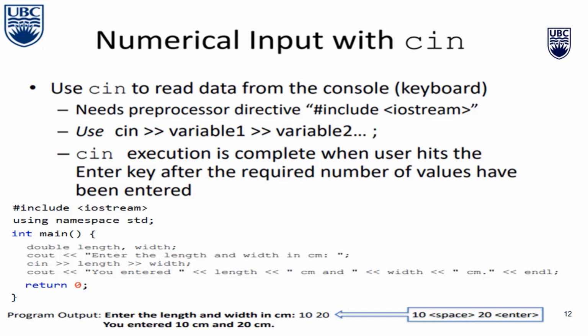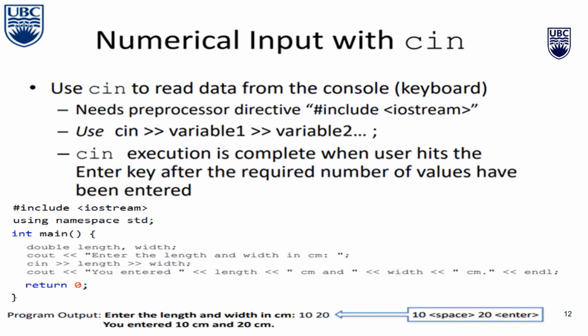What will the user do? The user will write, for example, as here, 10 space 20 and then enter. So 10 will be the value of the length, 20 is the value of the width, and after the user presses enter, the execution will be complete. So after that, we want to print the values of the length and the width on the screen.